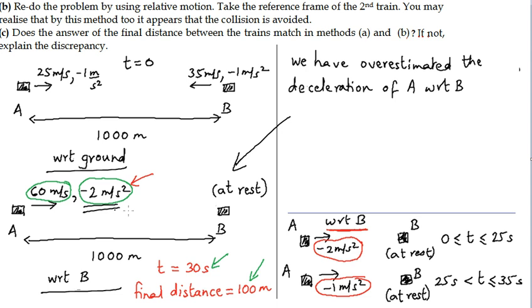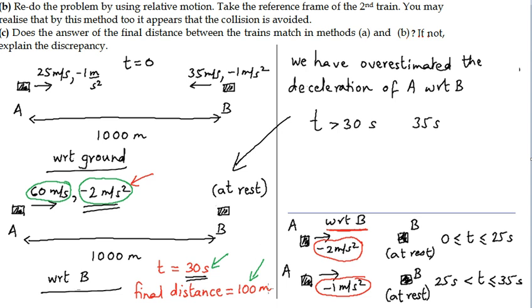And since our estimate of deceleration is an overestimate, naturally train A will come to rest with respect to B at some time which is greater than 30 seconds, which in fact we know to be t equal to 35 seconds from the very first method which we did with respect to the ground.